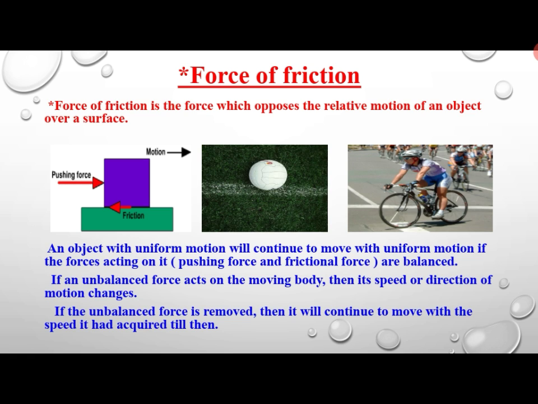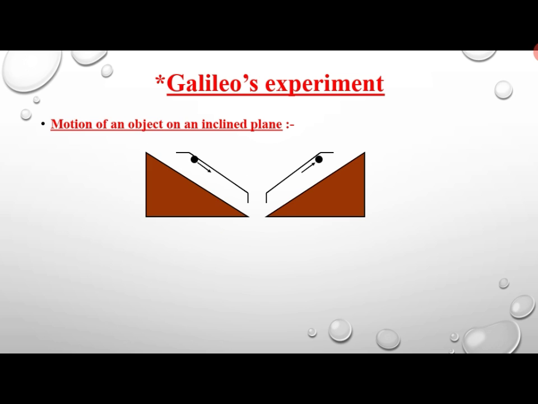Now after the force of friction, let us move to the basic concept of what force is. So a great physicist, Galileo, explained the concept of force using an experiment. He considered the motion of a ball over an inclined plane.